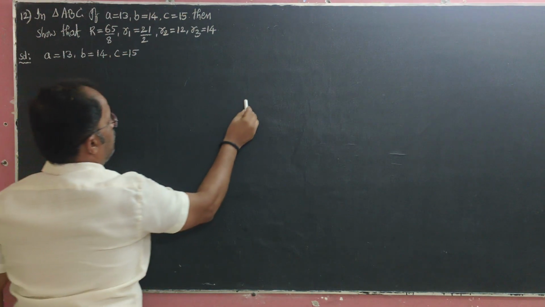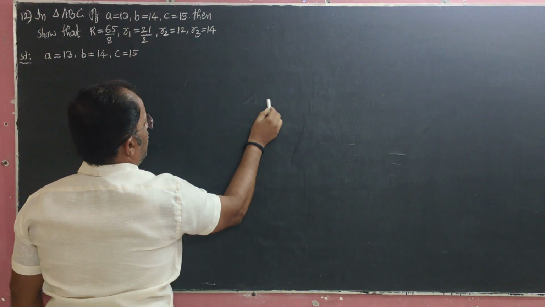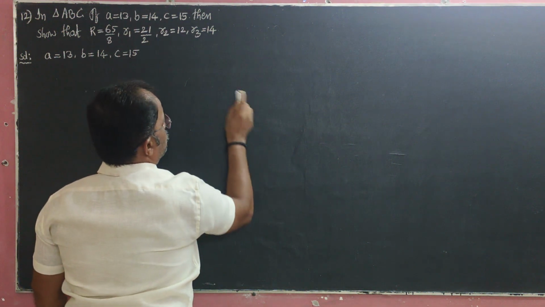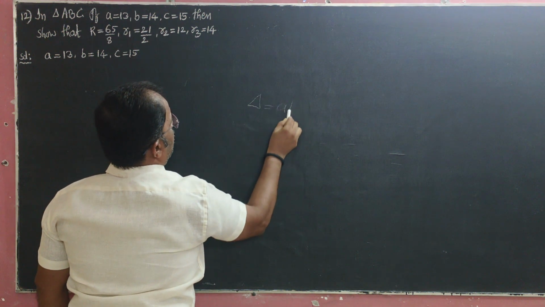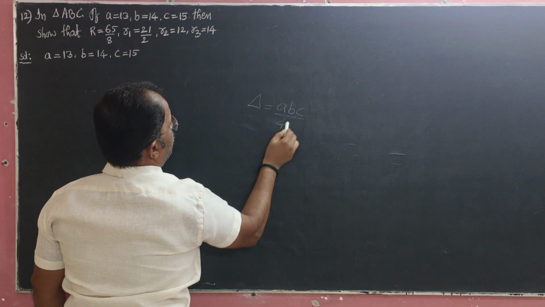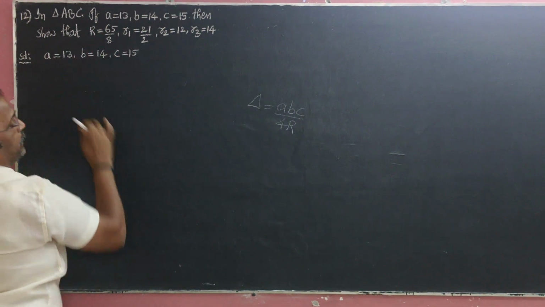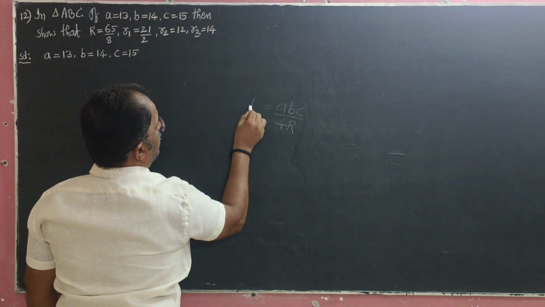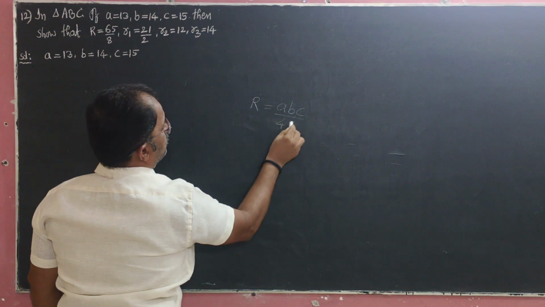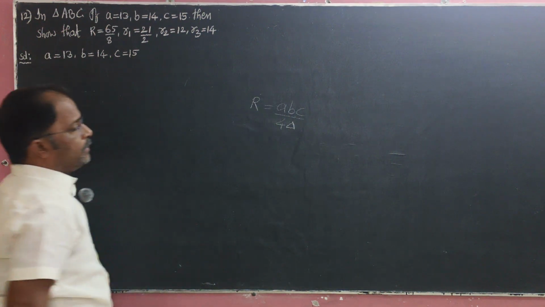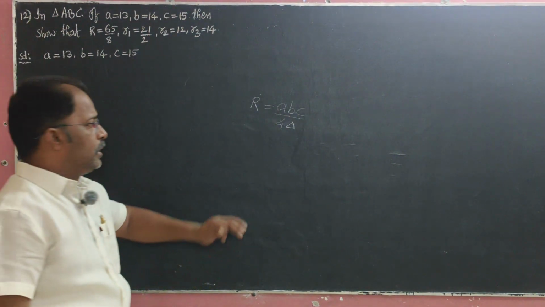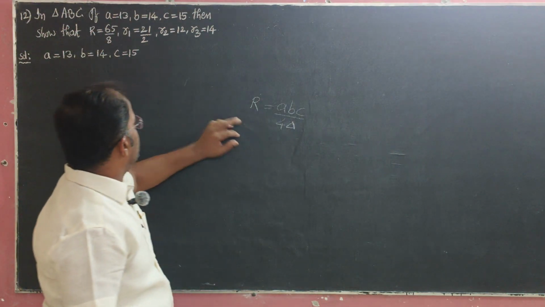Generally, for the area we have the formula delta equals abc by 4R, but here capital R means the circumradius. This problem is from trigonometric properties of triangles.